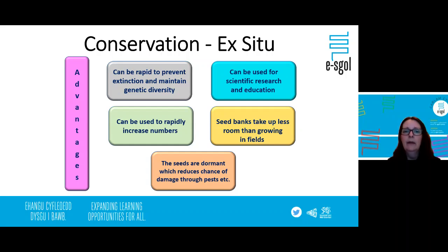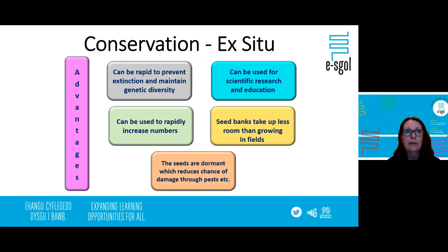So if a group of organisms are threatened, then we can increase the numbers rapidly with a breeding programme. We can also look after plants ex situ in terms of conservation, and we can collect seeds and produce a seed bank.